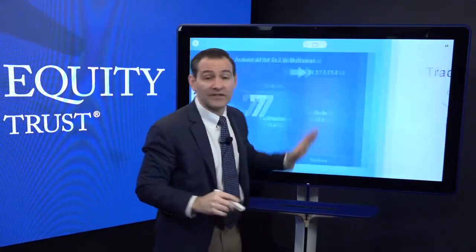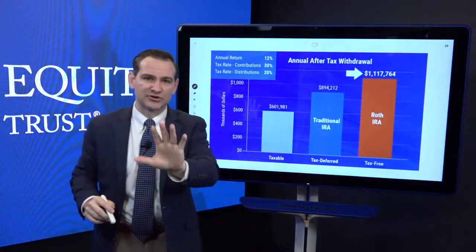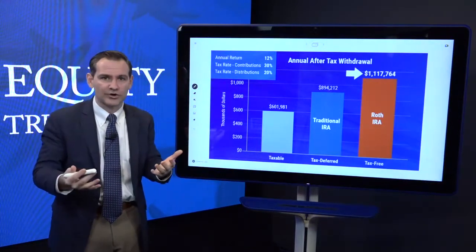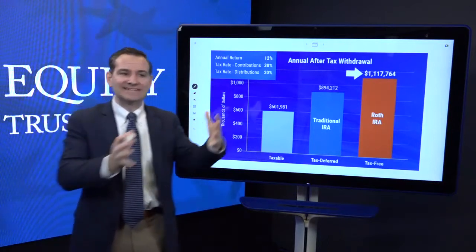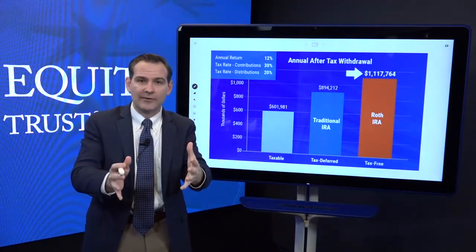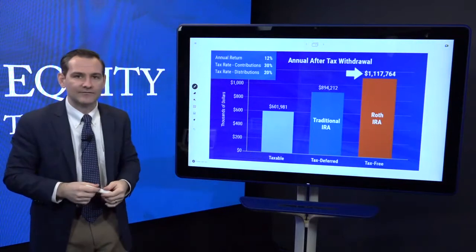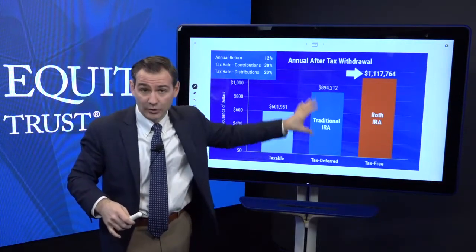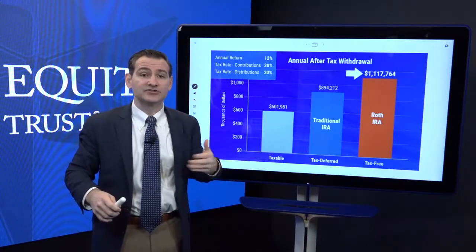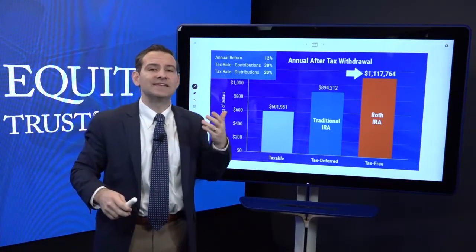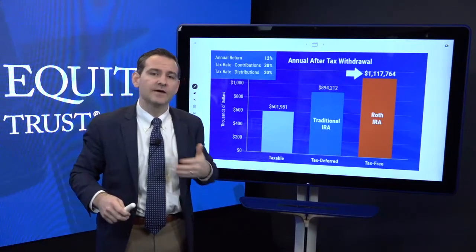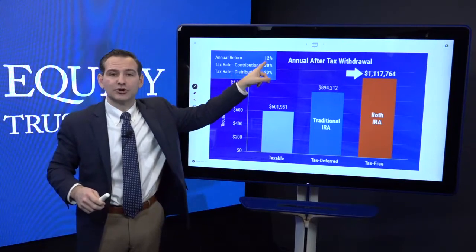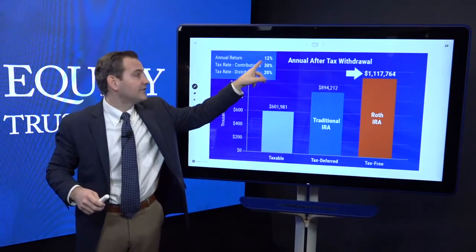So let's take a look at this from a compounding interest perspective, from a time value of money perspective, really to paint the picture for you on the difference between a taxable environment, a traditional IRA environment, and a Roth IRA environment. What I've done in this financial hypothetical is assume that I'm going to make a $6,000 contribution for 25 years, and I'm going to apply a rate of return of 12% in each of those 25 years.